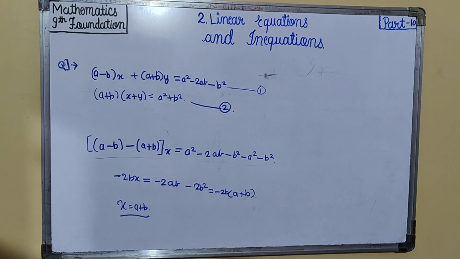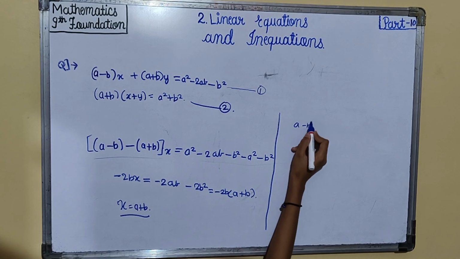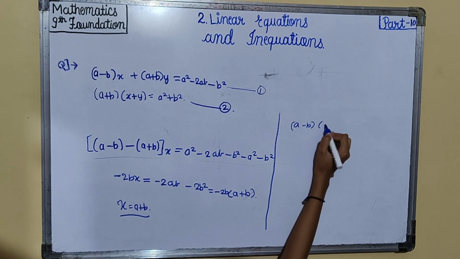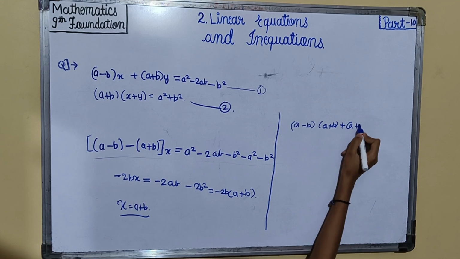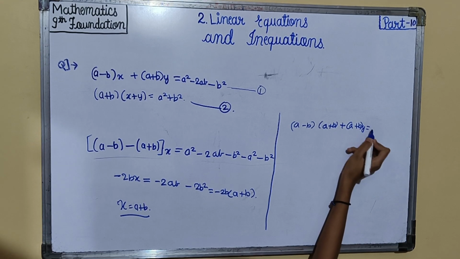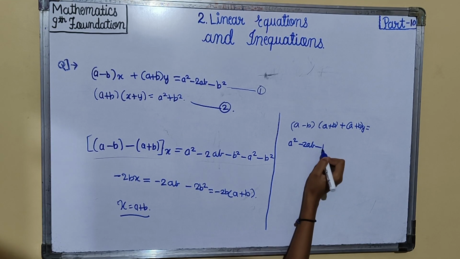Substituting the value of x in equation 1, we have (a minus b) multiplied by (a plus b) plus (a plus b) multiplied by y is equal to a square minus 2ab minus b square.